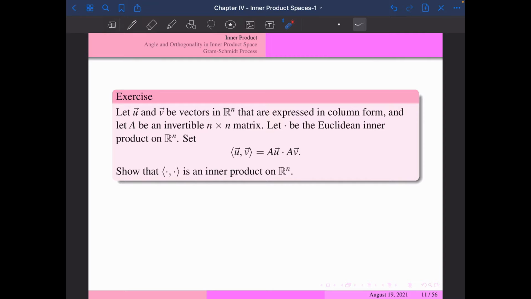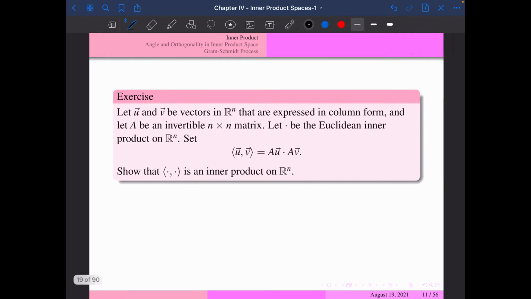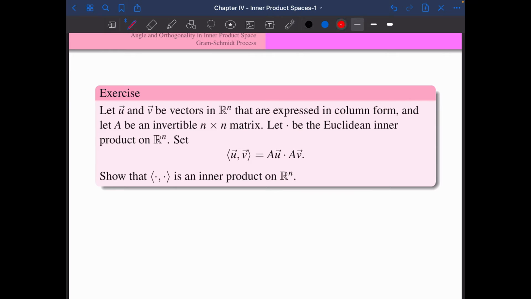Okay, what does it mean? For example, if we work on R2, and we let the matrix A be [1, 2; -3, 4], an invertible matrix, it's easy to show that this matrix is invertible.